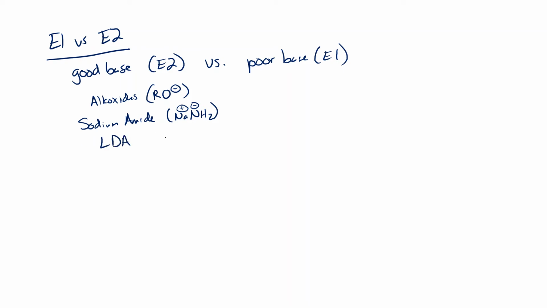LDA is a shorthand for lithium diisopropyl amide. So this is another negatively charged nitrogen with a positively charged lithium there. So you have sodium amide, a negatively charged nitrogen, and you have lithium diisopropyl amide. These R groups are isopropyl groups. You get the same thing here. So negatively charged nitrogens are also going to be good bases. And the last one that I'm going to put on here is sodium hydride.